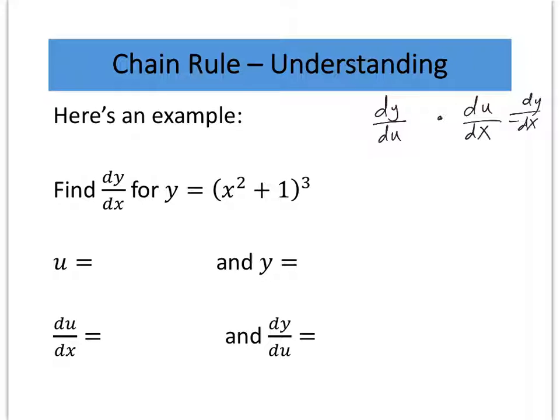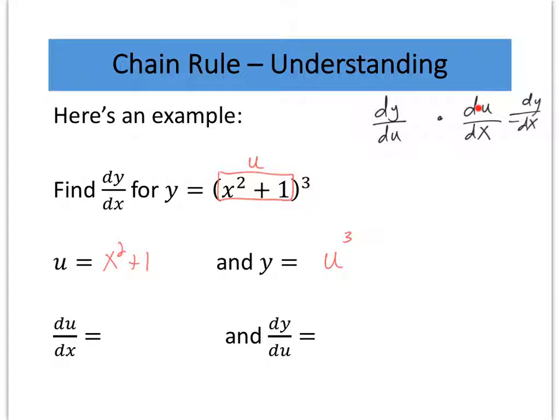So if I look at this, I think, oh, I've got this thing inside, that's going to be my u. Then my function y is really u to the power of 3, because u is the stuff inside, u cubed. So I've just assigned it separately.